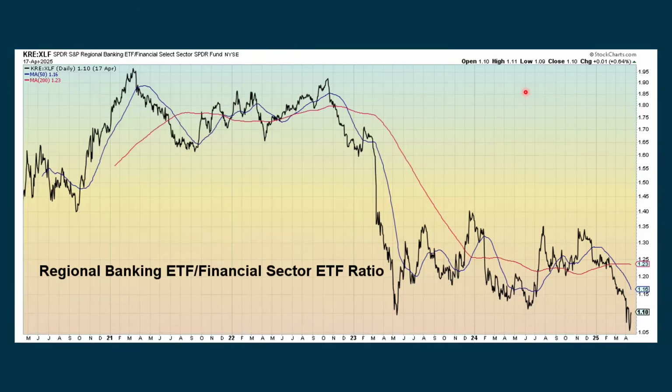Then we keep an eye on regional banks. Now, there's a bank ETF that I follow that we're now seeing a death cross there, and we've gone into a downtrend. But the regional banks, these are the smaller banks like Silicon Valley Bank, Republic Bank, New York Community Bank. And then we compare them with the financial sector. Now, the financial sector has been getting hit too, but it's holding up fairly well.